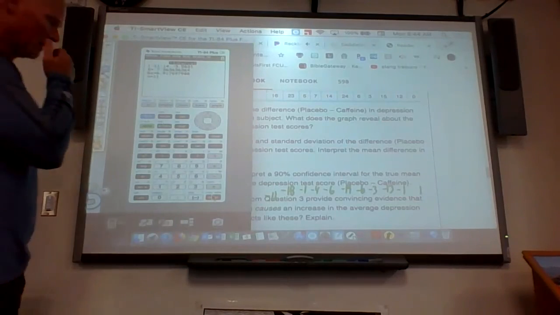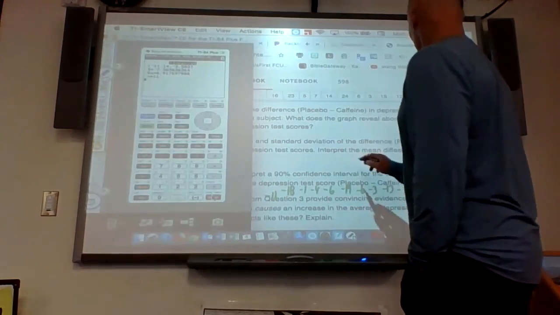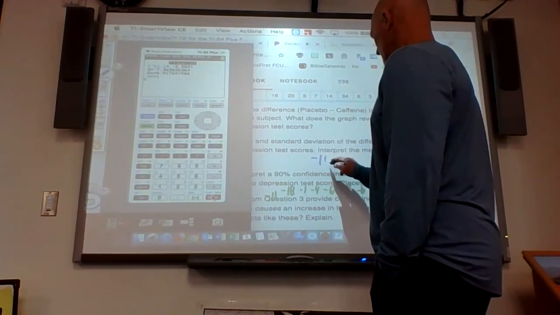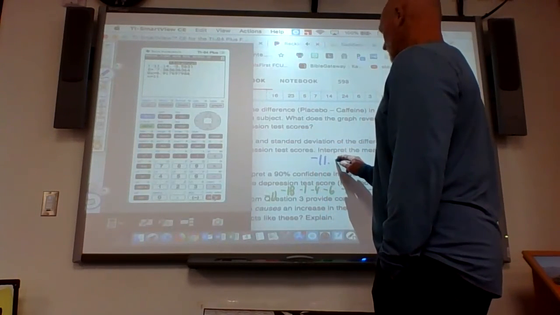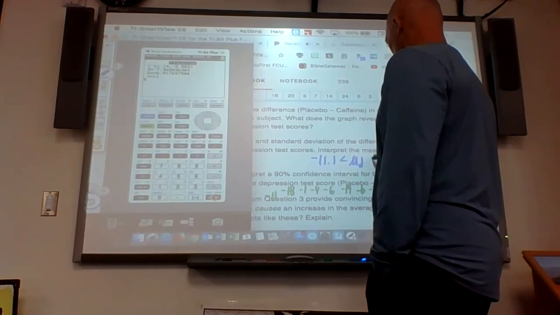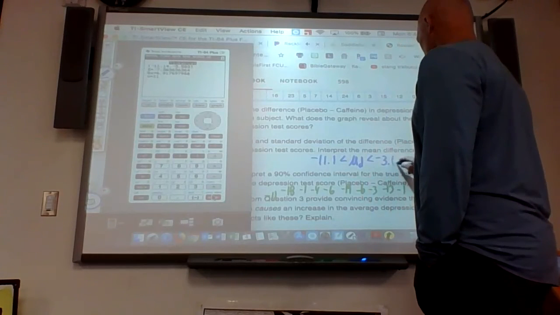And there's our interval. Our interval would be expressed in this fashion, negative 11.1 mu difference to negative 3.6.